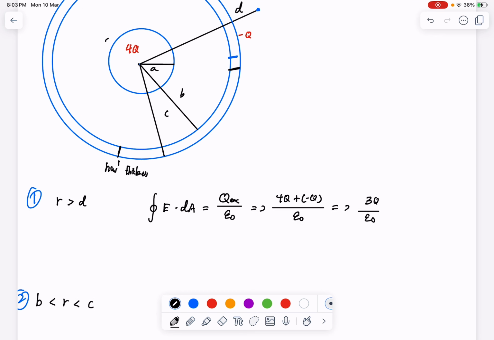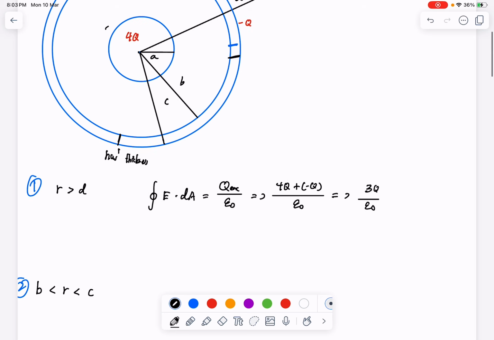Because this is a sphere, the cosine in the dot product is always 1, so E times 4 pi r squared equals 3q over epsilon naught. Thus, the magnitude of the electric field when r is larger than d equals 3q over 4 pi r squared epsilon naught.